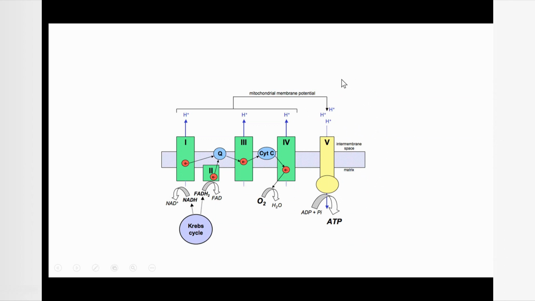So the H+ is going to move from higher to lower through its only viable route, which is the ATP synthase, also marked as V on here. And then that's going to combine ADP and inorganic phosphate to form ATP. So keep in mind that oxidative phosphorylation produces the vast majority of all ATP created in cellular respiration.